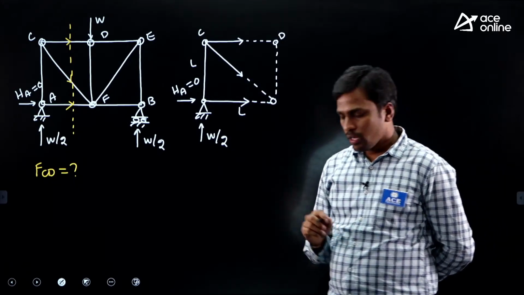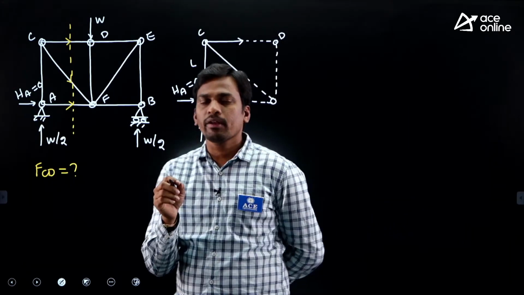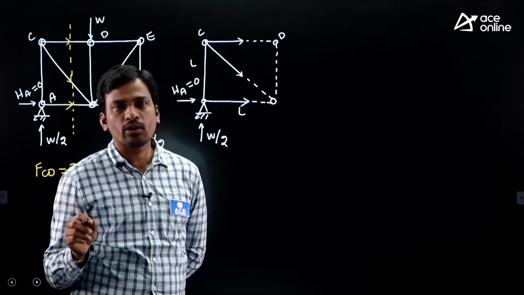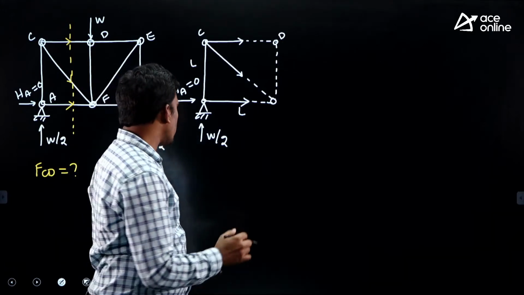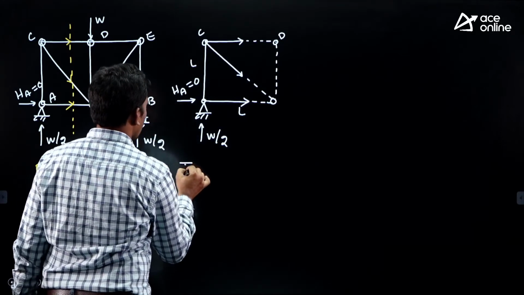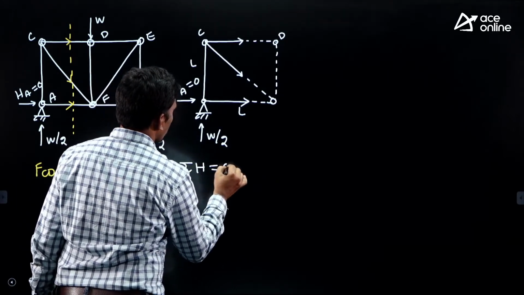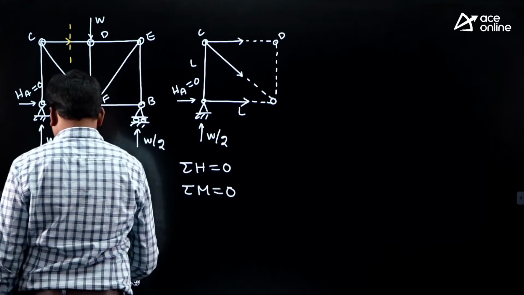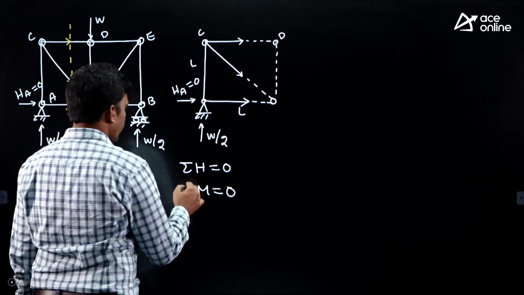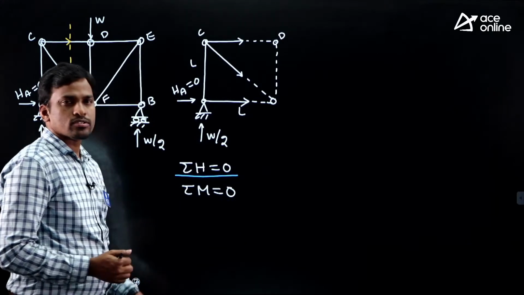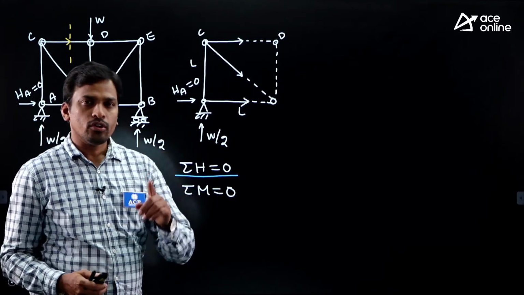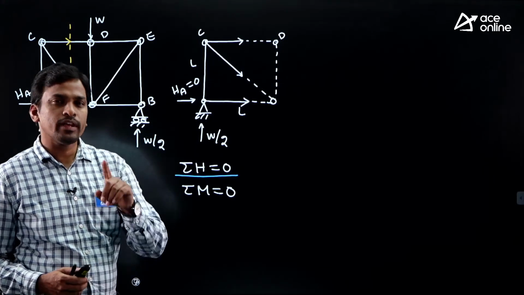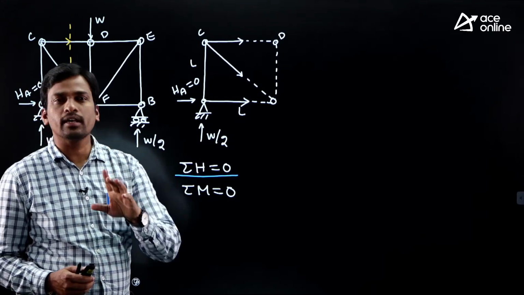I told you for horizontal members, the preferable equilibrium equations are sigma H equals 0 and sigma M equals 0. Okay, right. Students, first we'll try with sigma H equals 0. I told you using one horizontal equilibrium equation, we can find only one horizontal unknown.